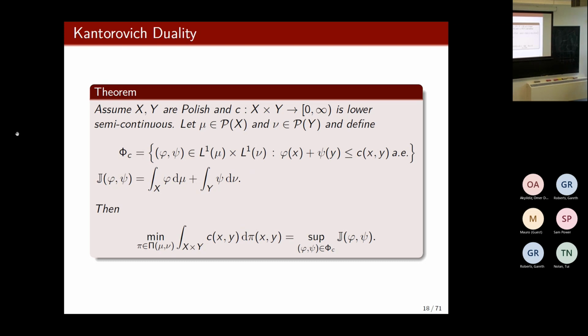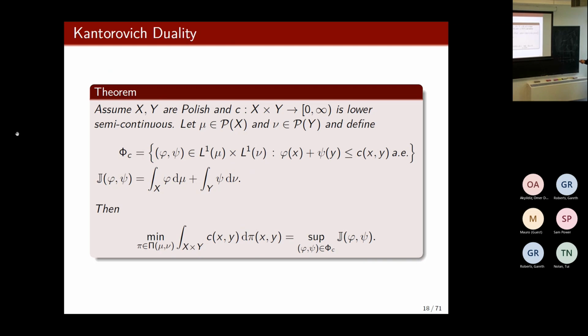Okay, so the next thing I want to go to is duality. For duality, we have to introduce the set Phi_c. This is going to be the set of functions which are L1 with respect to mu and L1 with respect to nu, such that the pointwise sum phi of x plus psi of y is less than or equal to the cost between x and y.